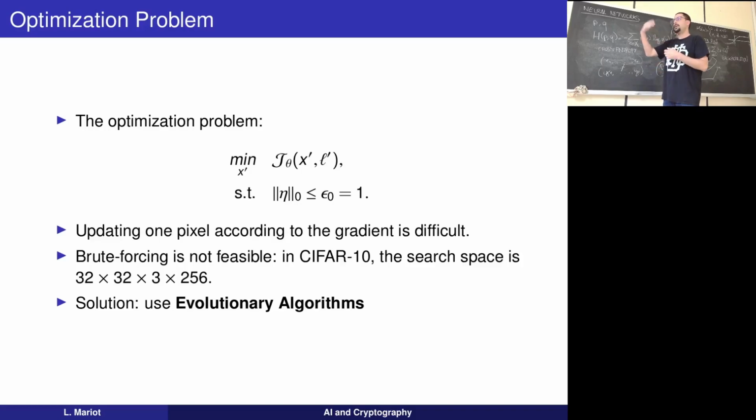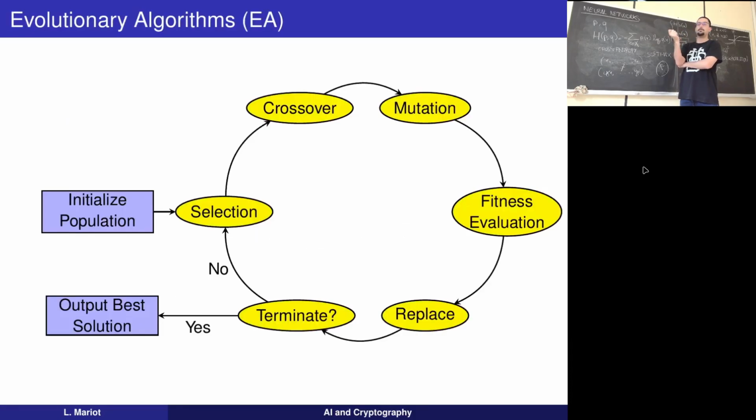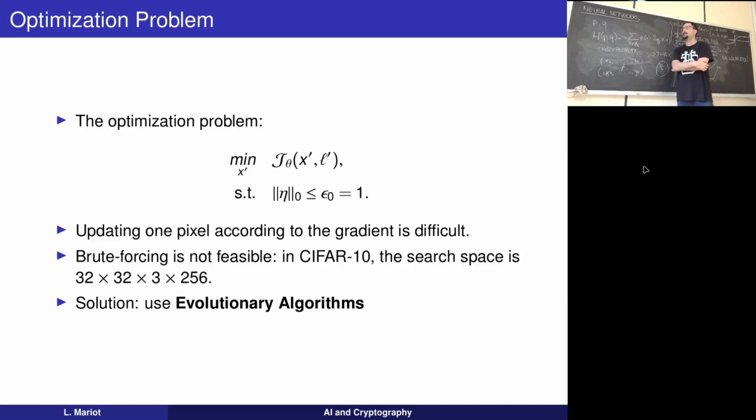So we have our loss function that says how far our pixel is from being a good adversarial example that is able to mess up the classification. And then we want to follow this gradient and just do some gradient ascent. The problem is that this approach is not feasible because we have too many pixels to consider.